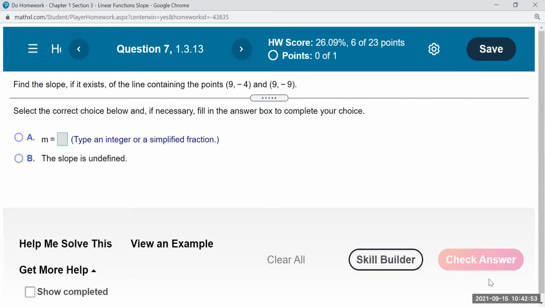How about this one? The points are (9, -4) and (9, -9).